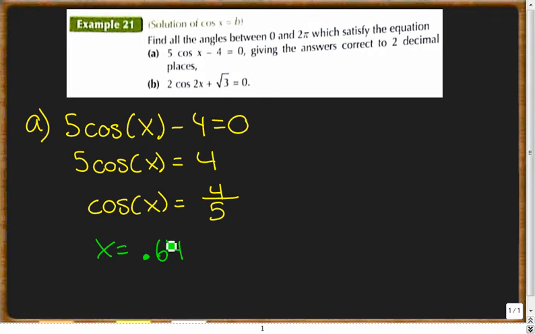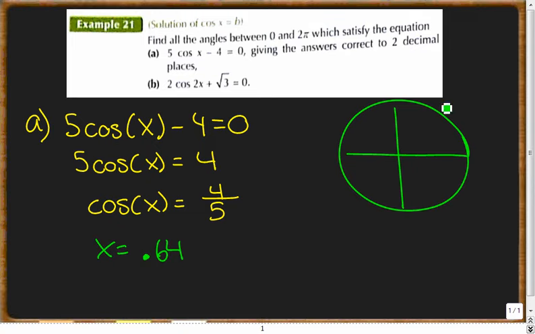0.64 radians. So let's think about our unit circle here for a second. Cosine is 4/5, so that is right here roughly. We're expecting the same thing on the bottom. So we know that this is 0.64 up and this is negative 0.64, but we're not allowed to answer negative 0.64 because we're supposed to answer between 0 and 2 pi.